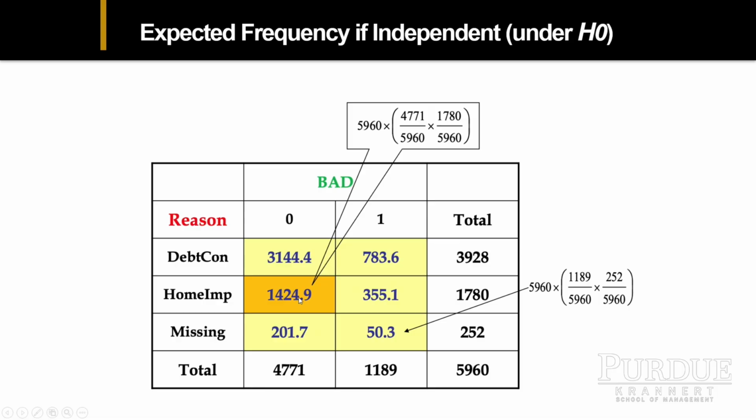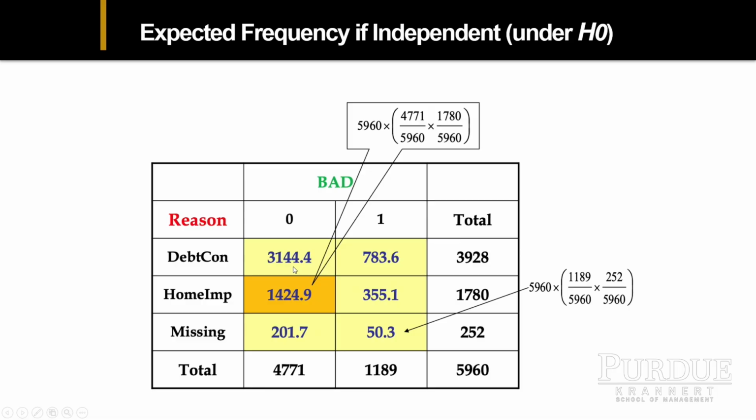This entry will be equal to the total sample size times the total number of bad equals 0 divided by the total sample size, times the total number of home improvement over the total sample size. So you get 1424.9.